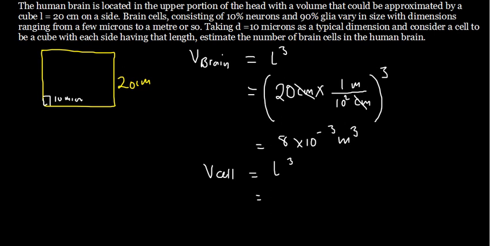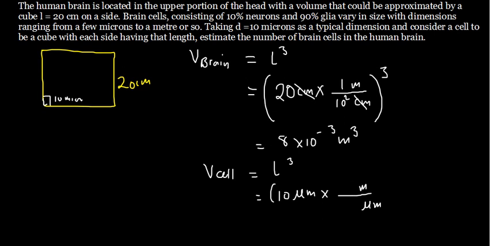Okay, so let's also convert the microns to meters. A micron is a micrometer. This is given as 10 microns. Let me write the symbol, micrometer. We multiply, we have got a micrometer on top, we'll put a micrometer down, and then a meter on top.